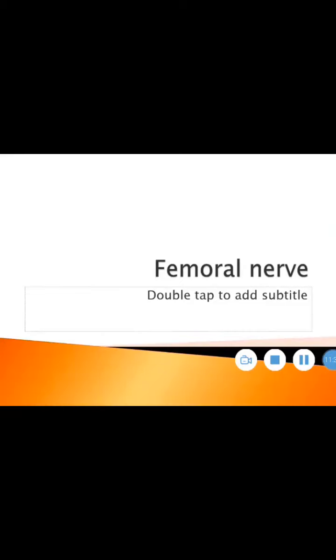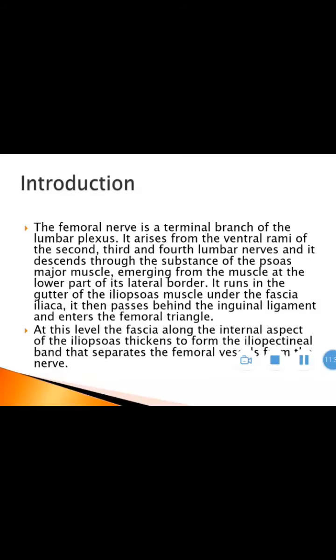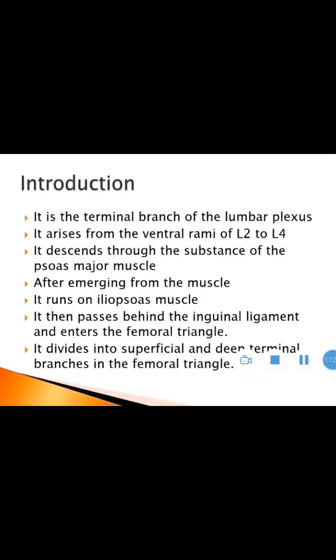Then we come to femoral nerve. It is the terminal branch of lumbar plexus. It arises from ventral rami of L2 to L4. It descends through the substance of psoas major muscle.